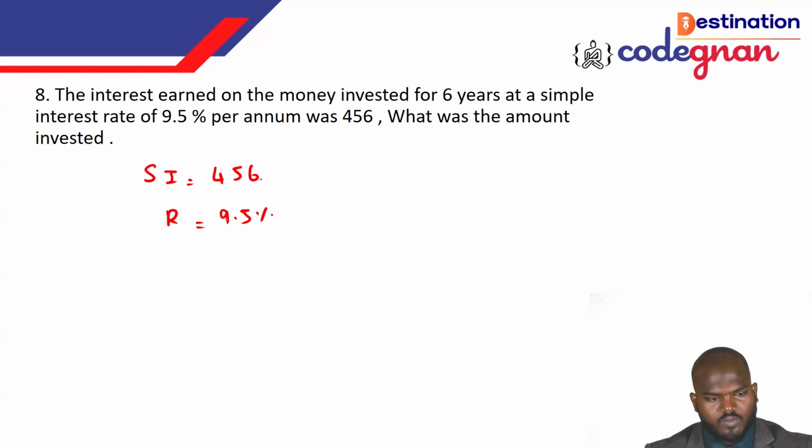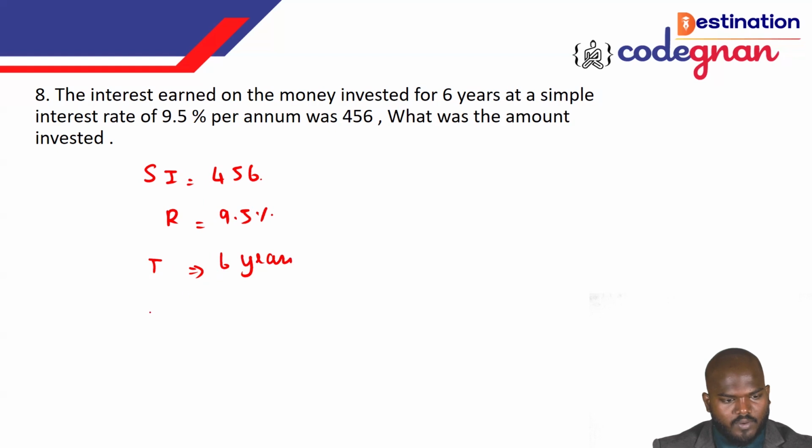Okay, so going on this one, we can take the T is equal to 6 years. So if I apply the formula, SI is equal to PRT by 100. SI is equal to what? That is 456. So 456 is equal to P, I don't know, and R I'm calling it as 9.5%. The time is equal to 6 years.